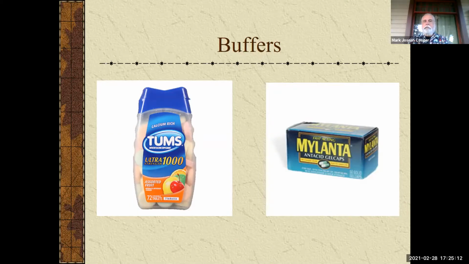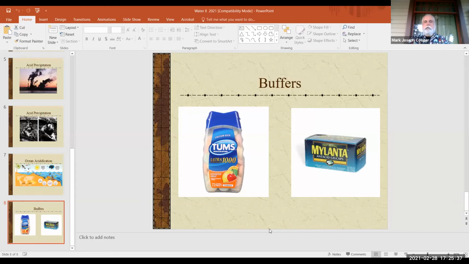If you've taken Tums or Mylanta or some kind of antacid, what you realize is they're kind of chalky, and they're chalky because they are a base, and they are trying to raise the pH of your digestive system to give you comfort. All right, so that will be that for this lecture.